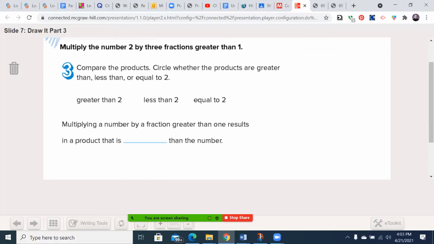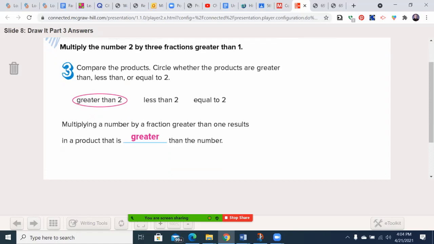So our first product was 2 2/5. The second one was 3, and the other was 3.5. Those are greater than 2. In fact, I'm just going to bring this up instead of writing it in. Each one of those was bigger than the original 2 that we were multiplying by.